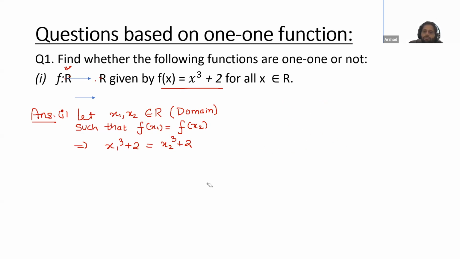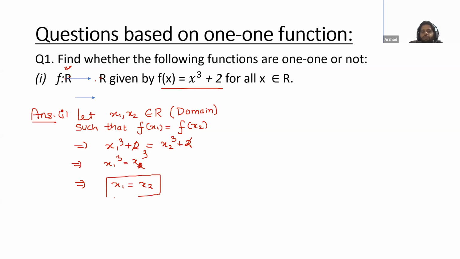So what you need to do is just assume two values from the first set. Write f(x1) is equal to f(x2). You get this value. Now 2 will get cancelled out. Now you get x1 cube is equal to x2 cube. You need to take the cube root on both sides. So you will get x1 is equal to x2.